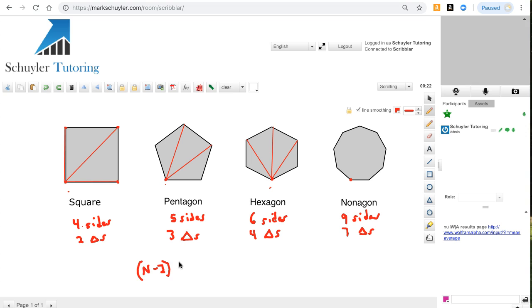And why do we multiply by 180 and not some other number? Because every single triangle has 180 degrees inside it. So, look at any shape. A decagon is a 10-sided shape.